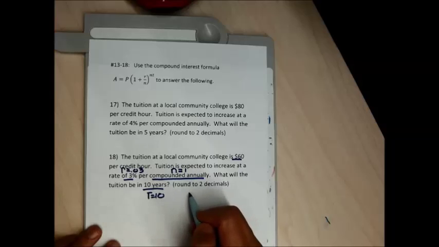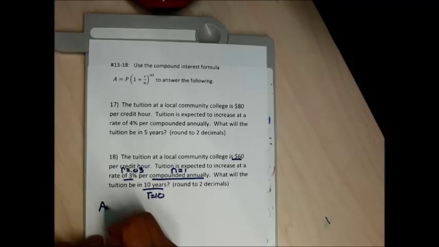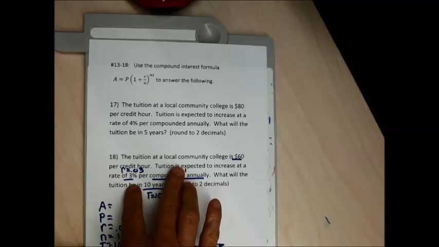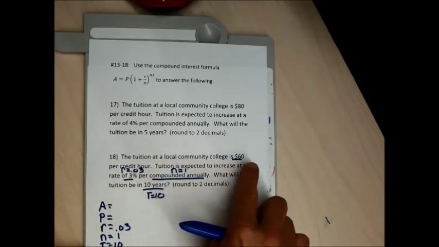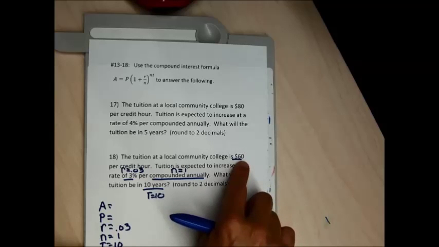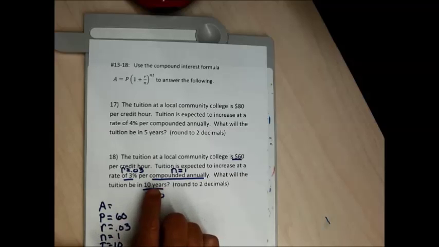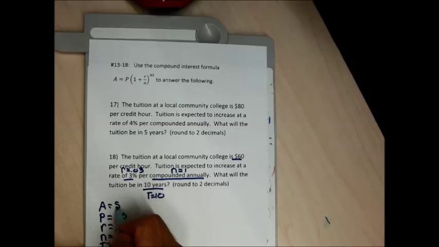So I know from my work that I have certain values for R, which is 0.03, N, which is 1, and T, which is 10. Those numbers are freebies. I have to understand this $60 amount, if it's a starting amount of money or an ending amount of money. And this is what the current tuition is, so this must be the starting amount of money. And I'm going to find the future amount of money, which is the tuition in 10 years. I'm going to solve for A.